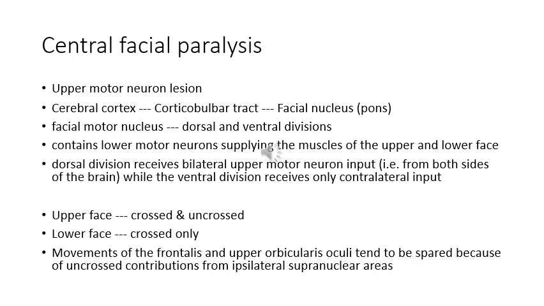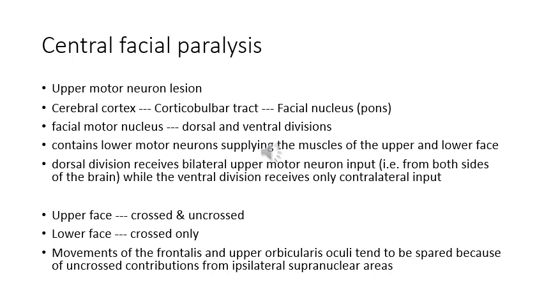Here in central facial paralysis, since we have an uncrossed connection from the same side of the brain or the supranuclear area, the frontalis muscle and the upper orbicularis oculi tend to be spared. They are getting inputs from the ipsilateral, or the same side of the brain, because of the uncrossed contribution from the ipsilateral supranuclear areas.